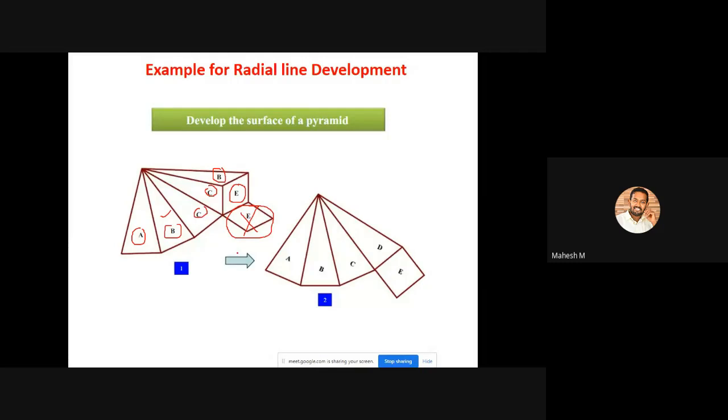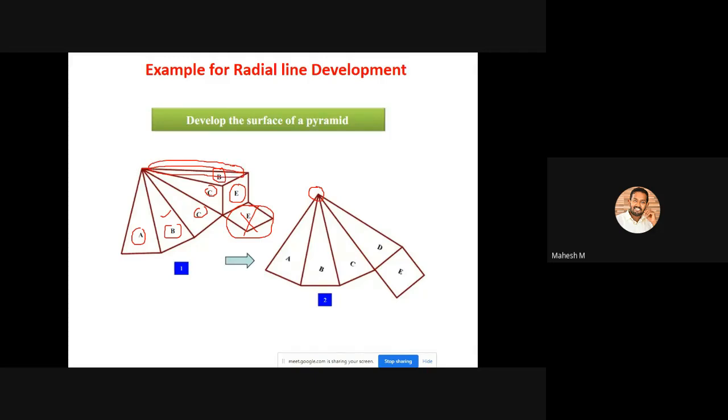So if you want to create a development for this square pyramid, first you have to pick a center point of this development. Okay, and you measure the distance for this particular line. In that line, you have to measure the radial distance.